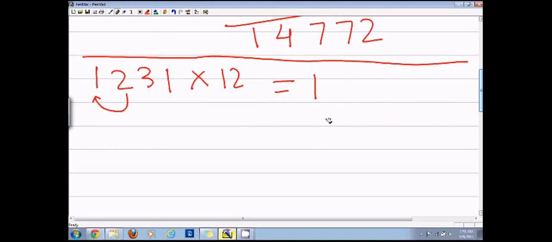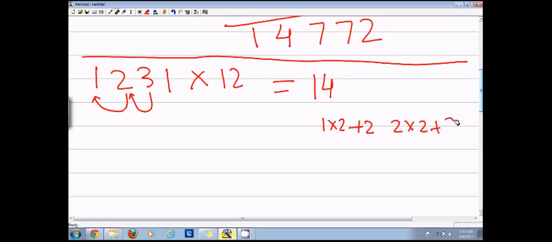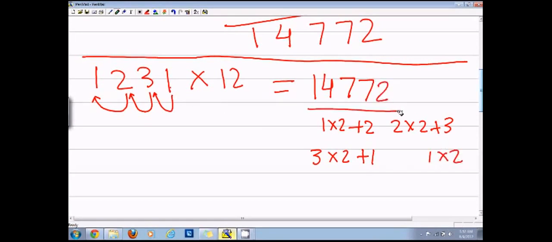So 1 into 2 plus 2 is 4, then 2 into 2 plus 3 is 7, then 3 into 2 plus 1 is 7, and then I just multiply 1 by 2, which is 2. So the answer is 14772.